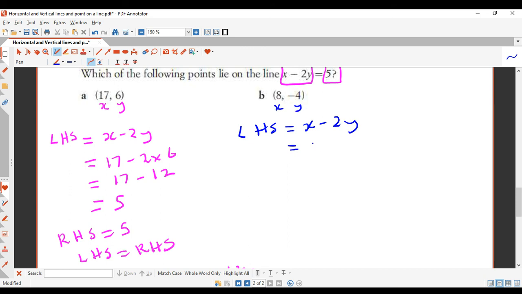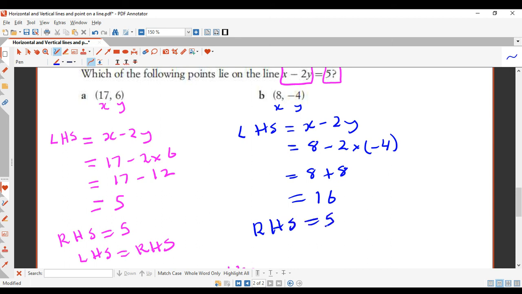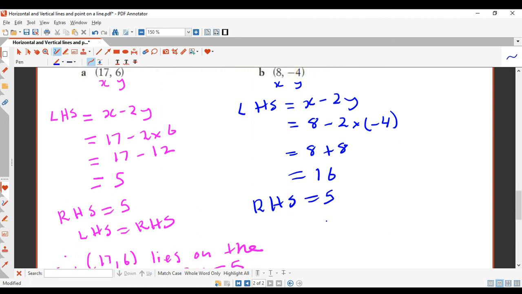So we get 8 minus 2 times -4. Okay, which is 8 plus 8, which equals 16. And notice it does not match the right-hand side. The right-hand side is equal to 5, right? So our conclusion this time will be left-hand side is not equal to right-hand side, right?